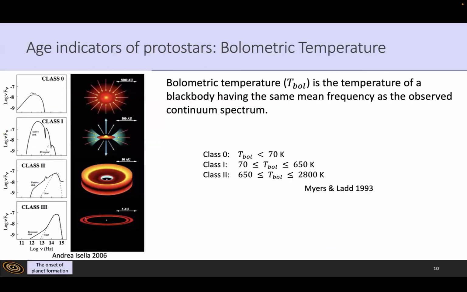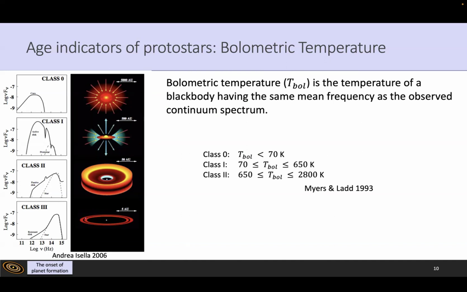One value that we use is the bolometric temperature, which is the temperature of the black body having the same mean frequency as the observed continuous spectrum. Early on, the emission is dominated by cold dust, and as the protostellar system evolves, you can see more infrared emission.